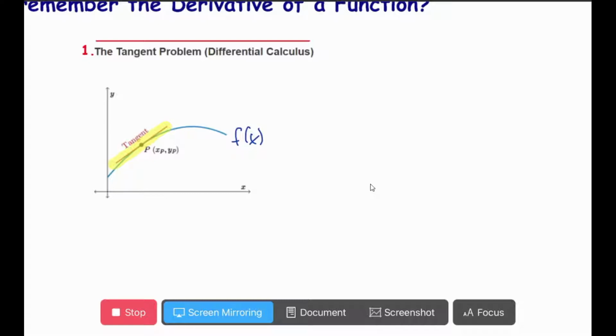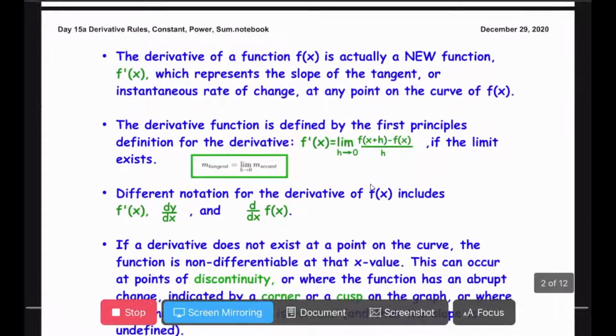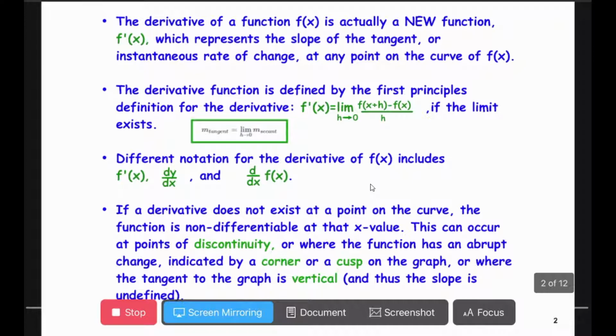And in terms of notation, we might write it as f prime of x. The derivative of a function f of x is actually a new function, f prime of x, which represents the slope of the tangent.